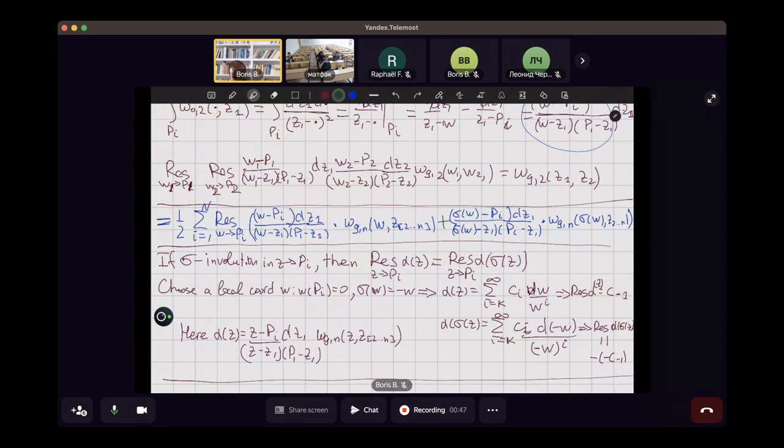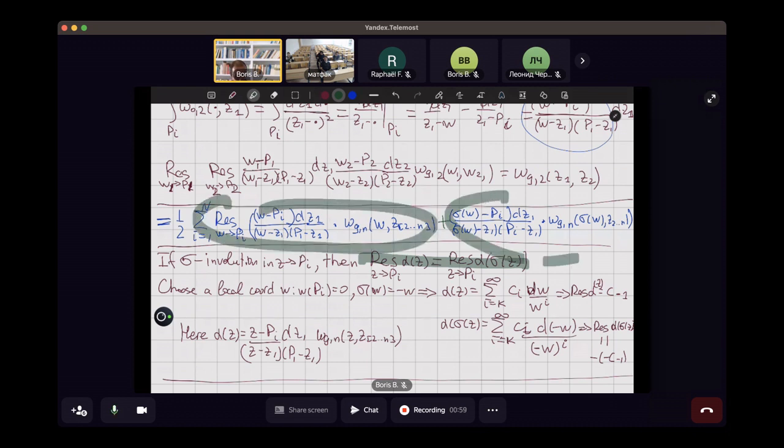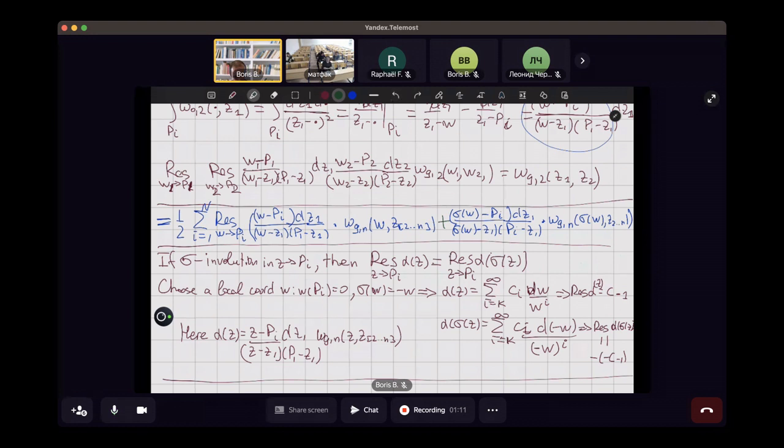If we know this, then we take this residue and the same residue, and instead of one residue we write 1/2 of two equal residues.